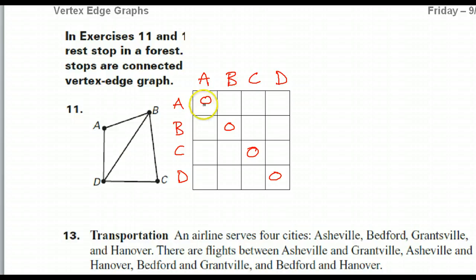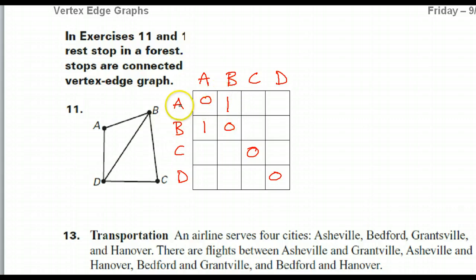So those are all zeros, 0 trails. Now, is there a trail between rest stop A and rest stop B? Yes, it's right there. There's one trail from A to B. Every time I put down an entry, it's going to be duplicated somewhere else on the matrix because A to B is the same thing as B to A. So there's one trail from B to A as well.